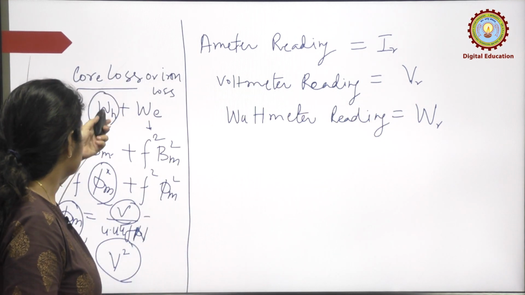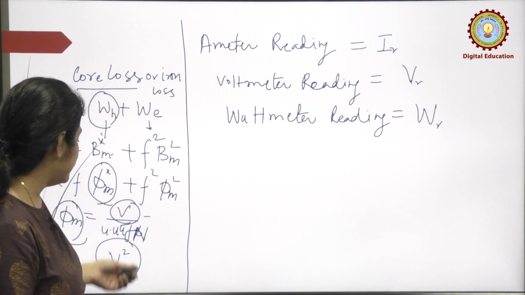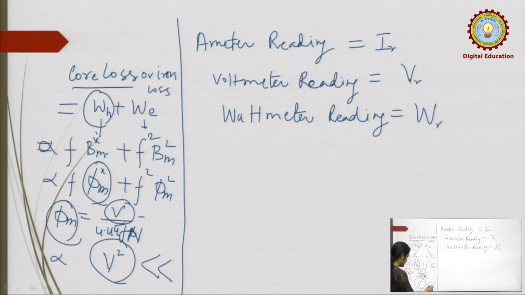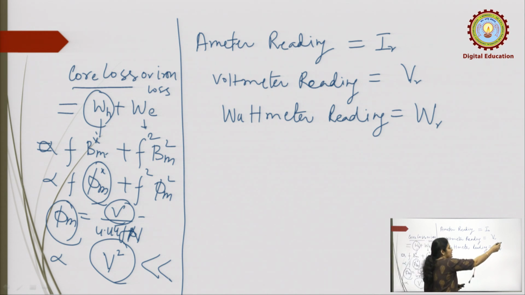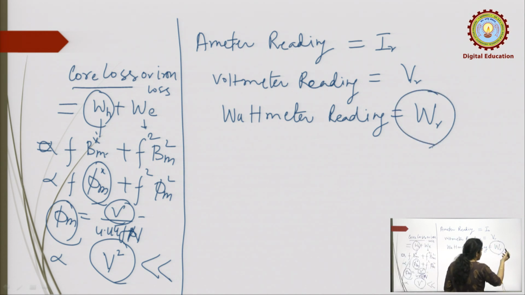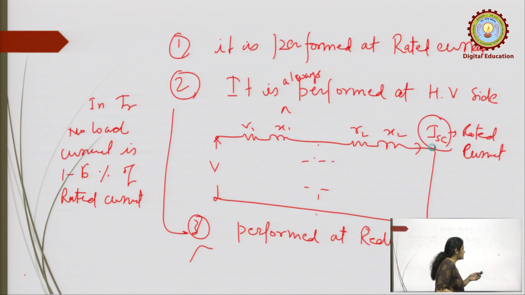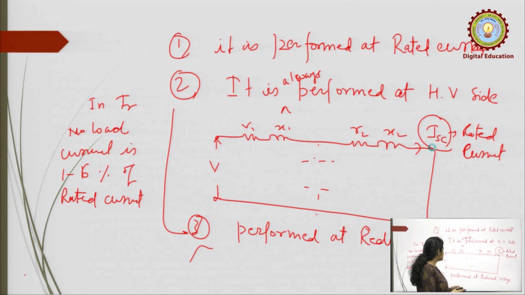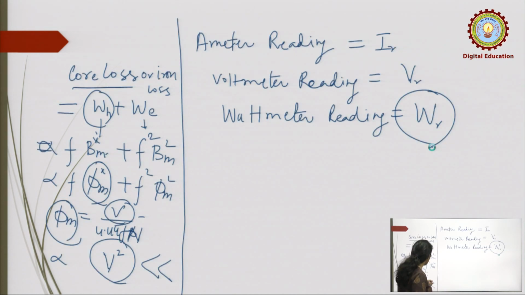So, this core loss is very small, okay, because there is no load, it is a short circuit, so all the power is consumed in this circuit. That power must be the I squared R losses and the core losses, but in this case you have seen the core losses are very small, because it is performed at a reduced voltage.